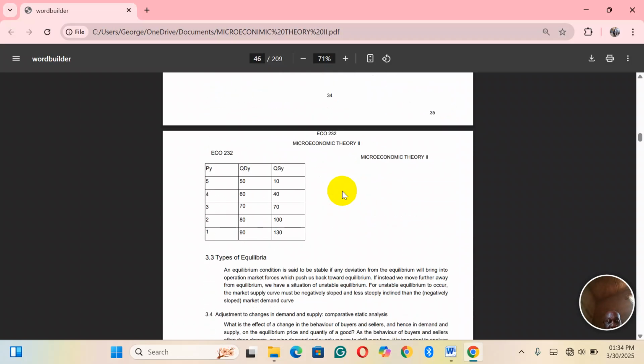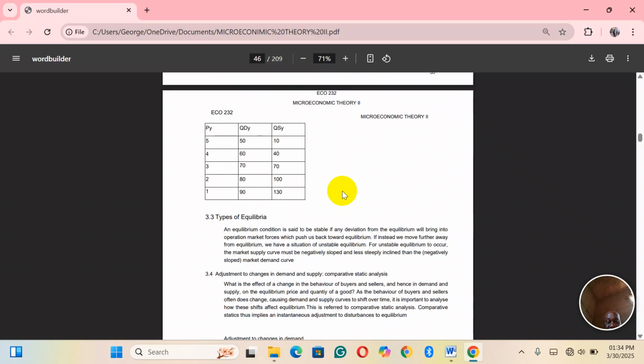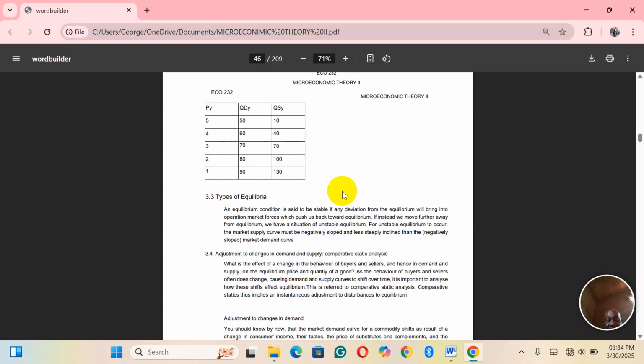And also, we are looking at types of equilibria. An equilibrium is said to be stable if any deviation from the equilibrium brings into operation market forces which push us back towards equilibrium.